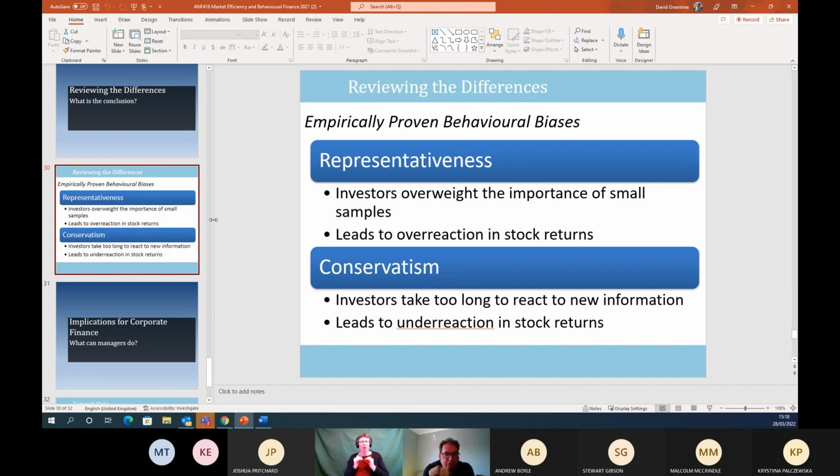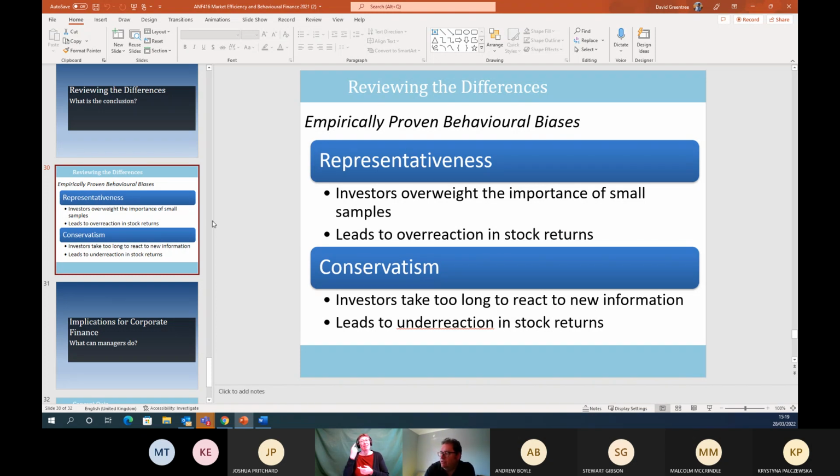The other behavioral bias that we have is called representativeness. Easy for me to say. And this is where investors overweigh the importance of small samples. So they're not looking at the representative sample of the population of the market to make a judgment.